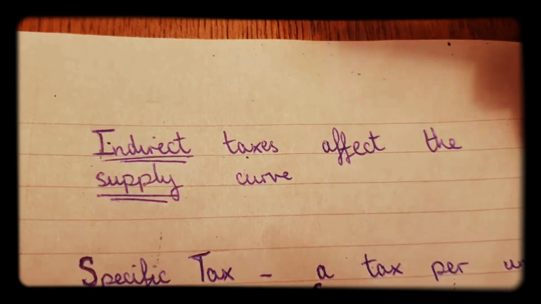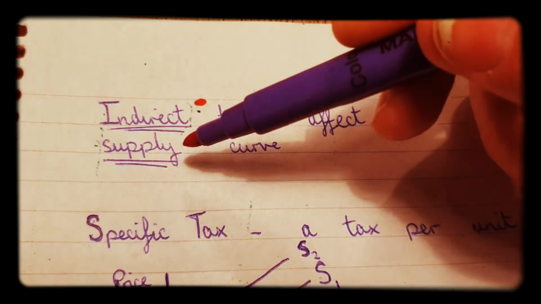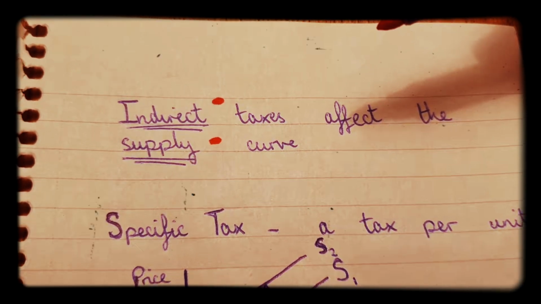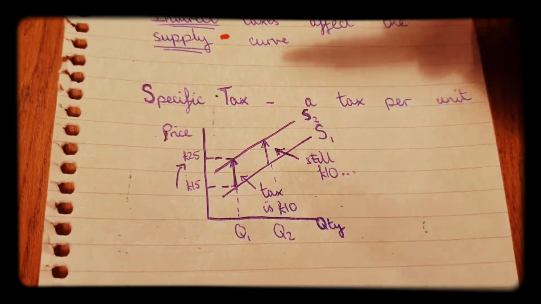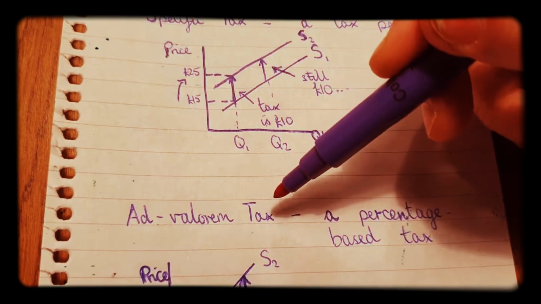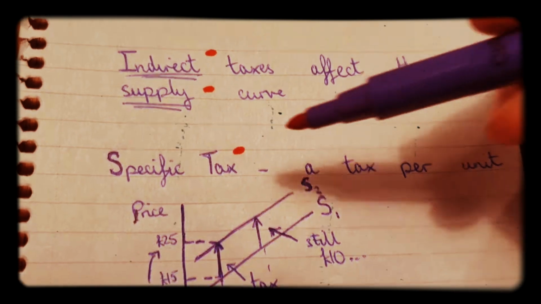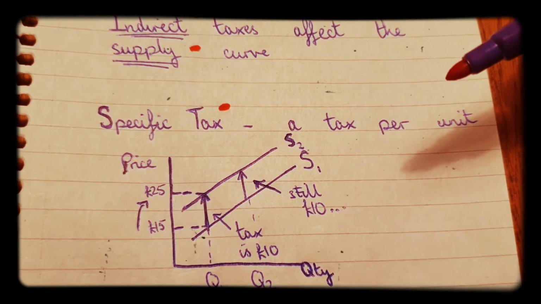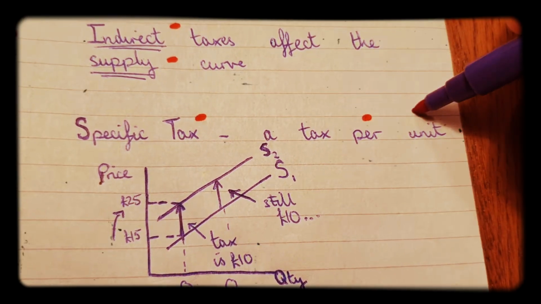In the case of indirect taxes, they will affect the supply curve. With the types of indirect taxes, you have specific taxes and ad valorem taxes. Here's the difference. A specific tax will shift the supply curve to the left, but a specific tax is a tax per unit of consumption.